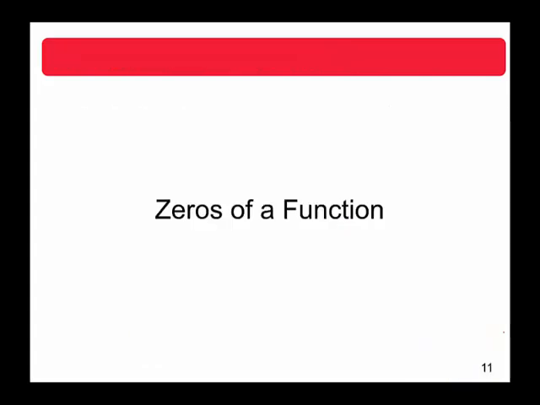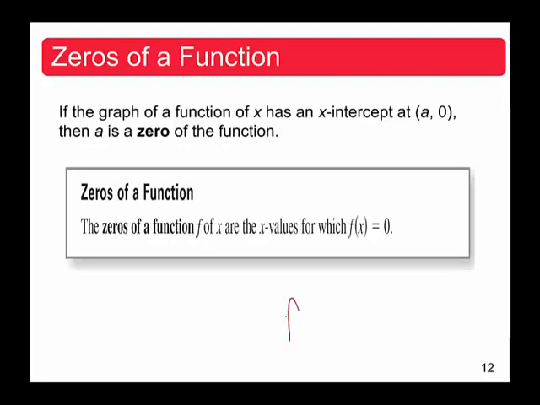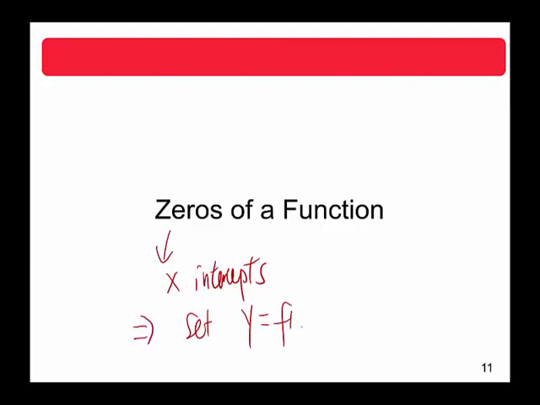And let's take a look at zeros of the function. Zeros is also called the x-intercept of the function. If you want to find the x-intercept, you're setting y, or f of x, equal to 0 and solving for x.